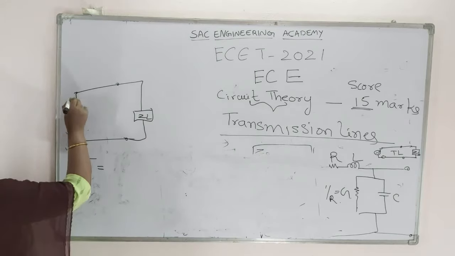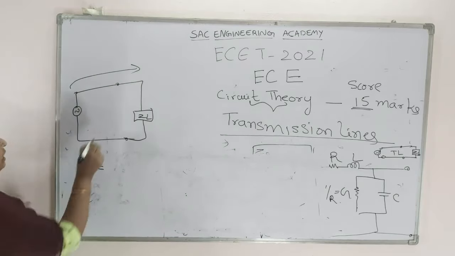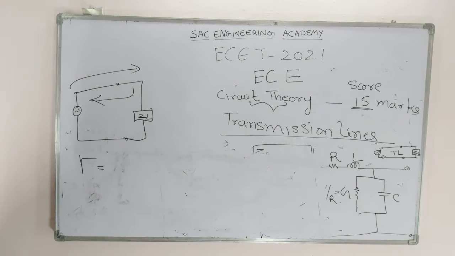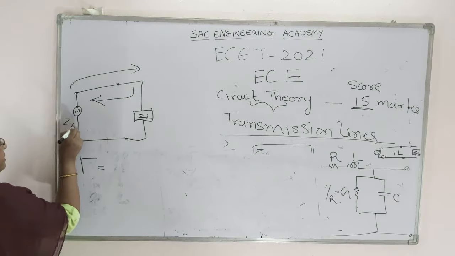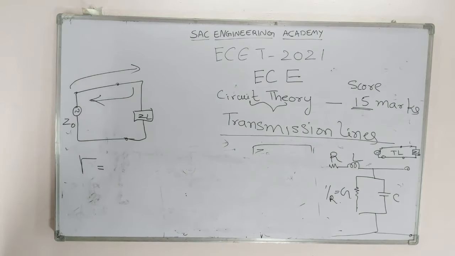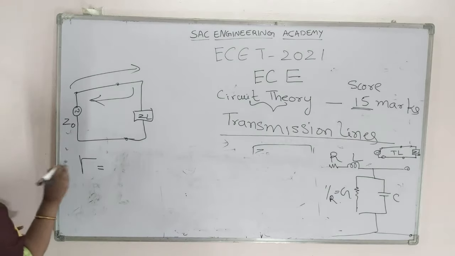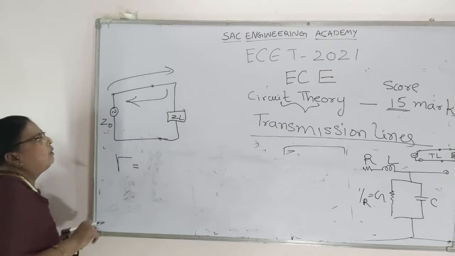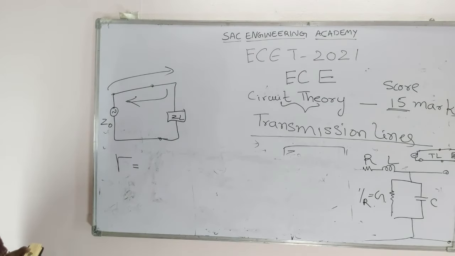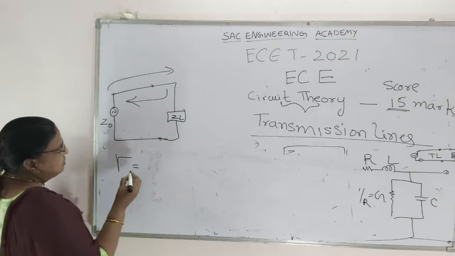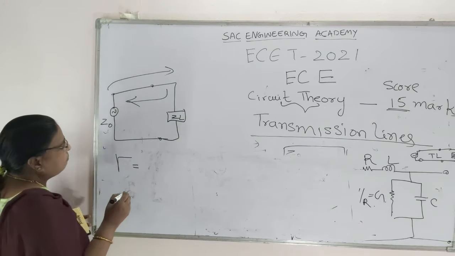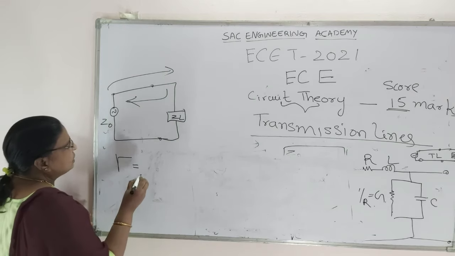Reflection coefficient. When you transmit the signal, some part of the signal is reflected due to mismatching of impedance. When the input impedance and the load impedance are mismatched, some reflections will be generated, and due to the reflections the signal will be lost. This is measured in terms of the reflection coefficient.